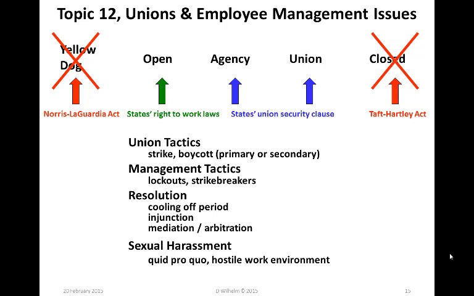Hostile work environment is more indirect, where either because of the environment or other employees, the work environment is such that it affects the work of somebody. With a hostile work environment, the sexual harassment does not have to be directed at the person, but if they're aware of it, it can affect their work.